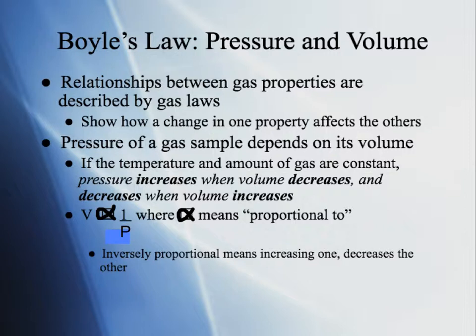They basically are going to show how if you change one property of the gas, it affects the other properties of the gas. So in this case, for Boyle's law, the pressure of a gas sample depends on its volume. If the temperature and the amount of gas are kept constant, what happens is that pressure increases when volume decreases and decreases when volume increases.